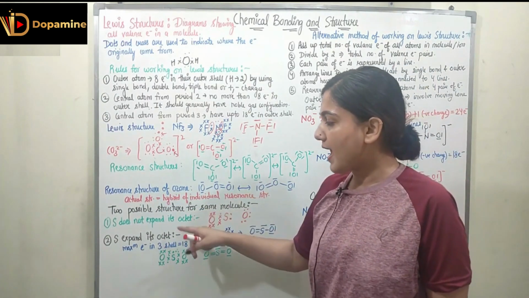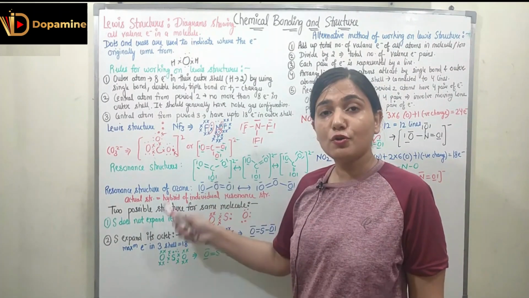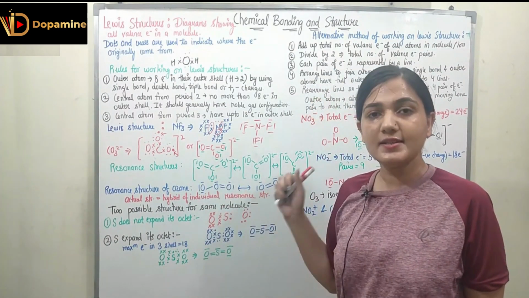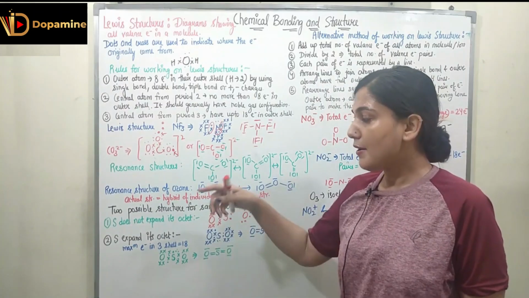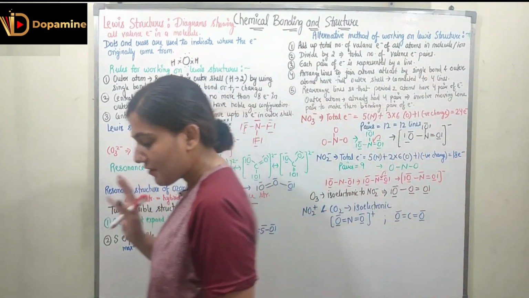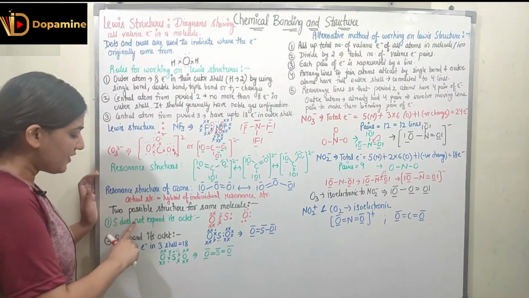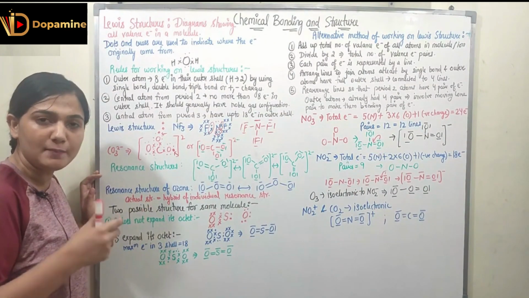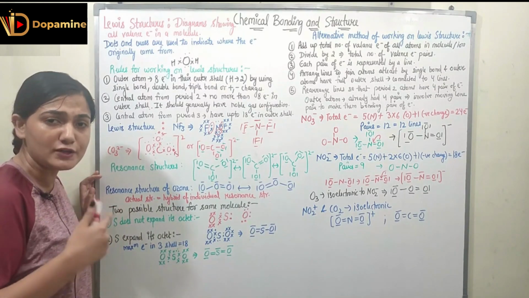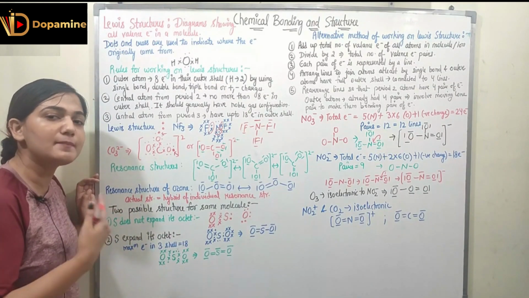Now coming to the 2 possible structures for the same molecule, here we have the sulfur and oxygen combination. When sulfur is combining with oxygen, there are two possibilities. Sulfur belongs to period 3, so it may expand its octet or it may not.